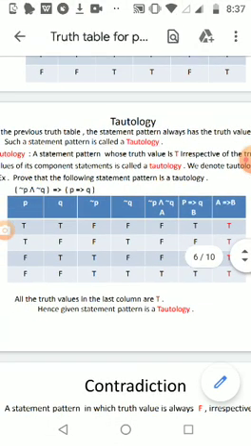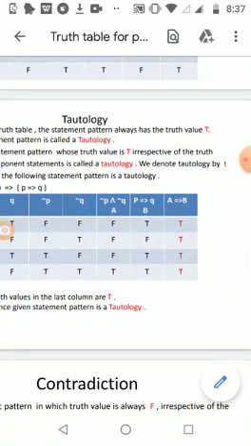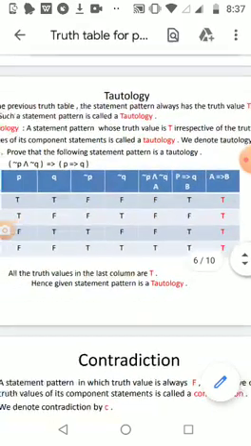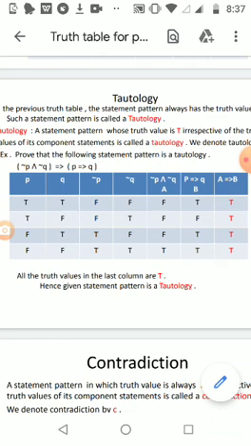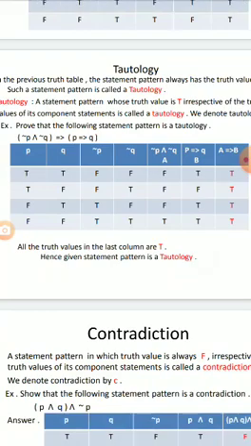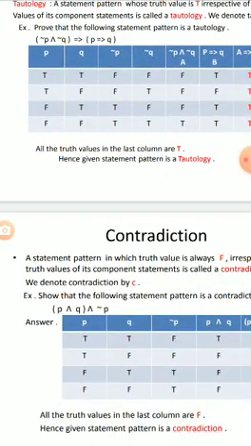We denote tautology by small t. Truth value is T, that is capital T, and tautology is denoted by small t. So this is the truth table for this statement pattern. In the last column all the values are T, and therefore this statement pattern is a tautology.